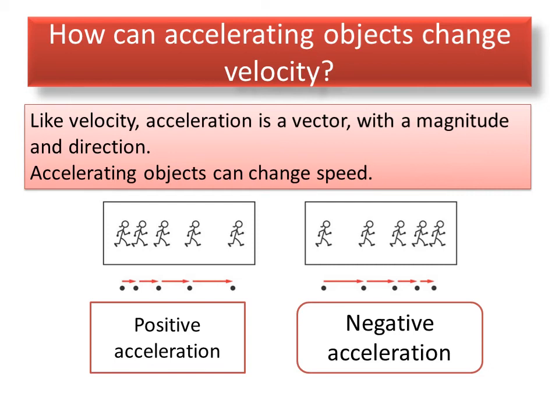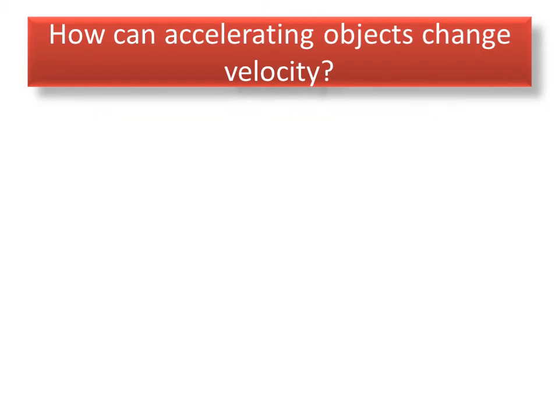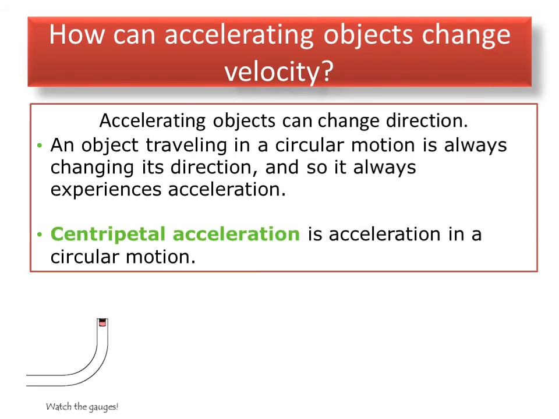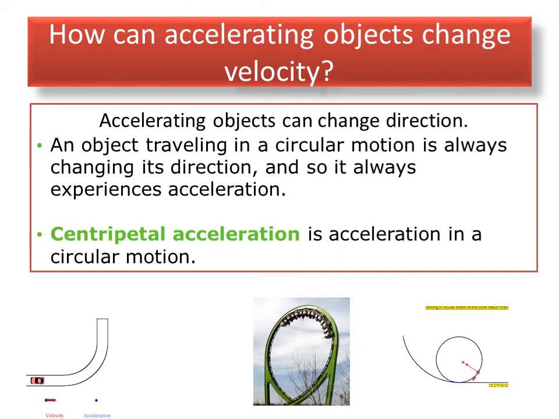So acceleration is not speeding up the whole time. It can be slowing down as well. How do we represent positive and negative acceleration? You will see later that we can represent negative acceleration by a negative sign.